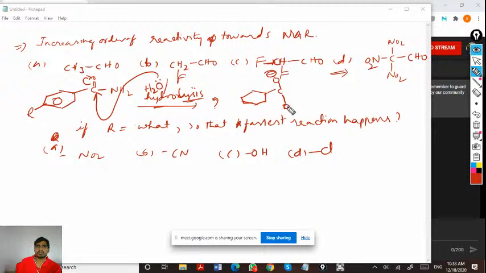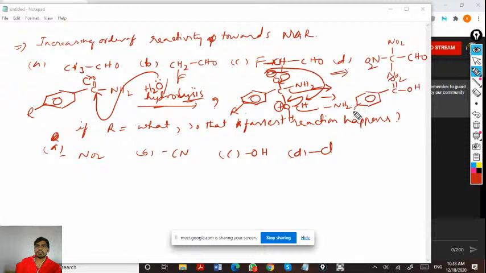Then H plus will be released and abstracted by the O minus, and the NH2 will be left as a leaving group, resulting in C double bond O, OH and R. After the hydrolysis, OH will attack here, H will attack here, so it's going to give NH3, and this will be carboxylic acid.